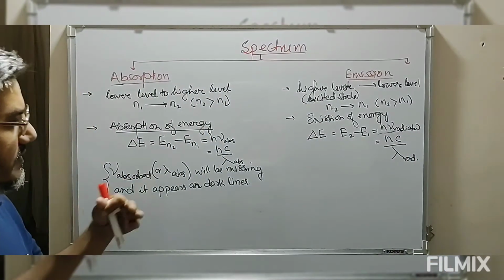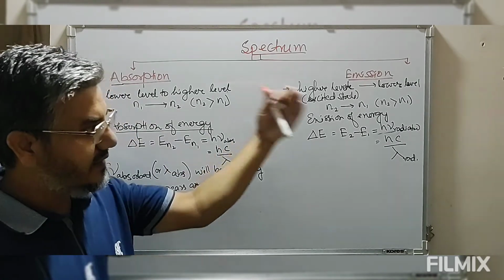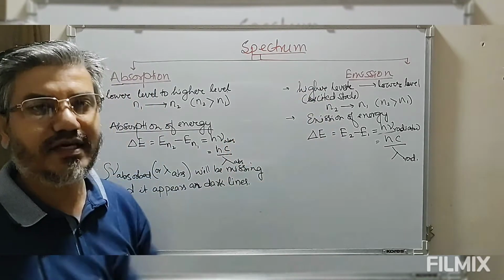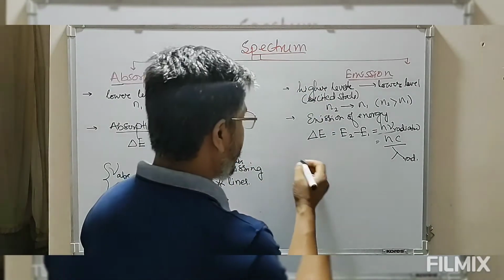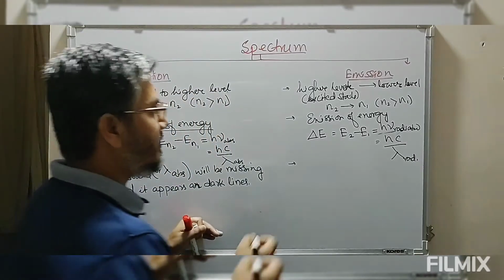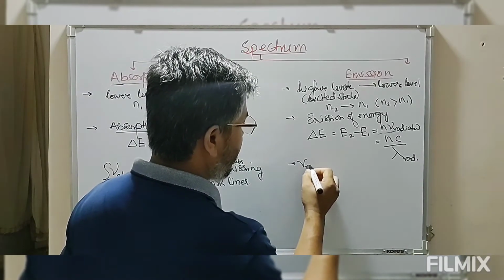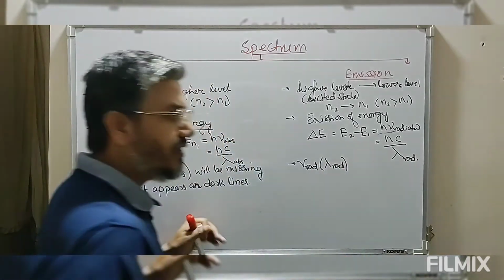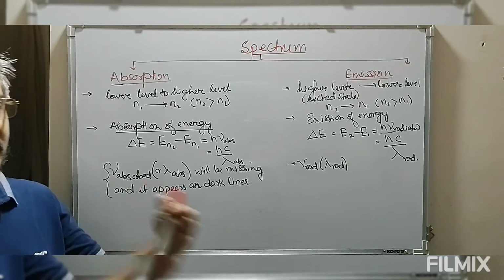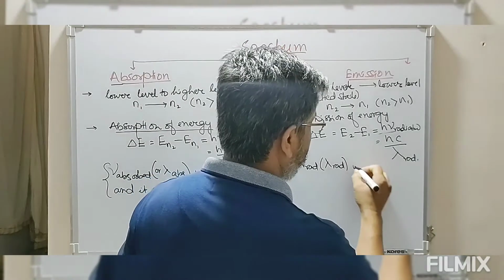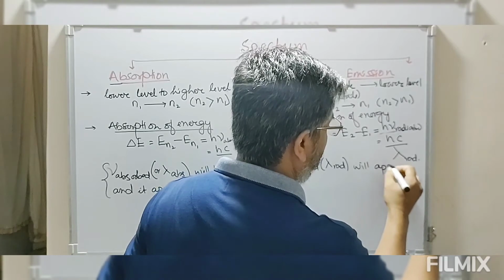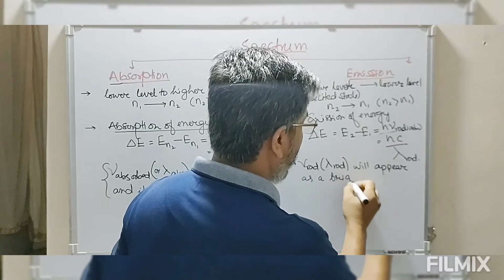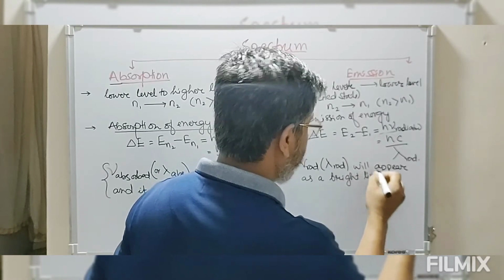So in the second case, the frequency is radiated, meaning some energy is being released, or the frequency or the wavelength is released. When we observe the spectrum, the radiated frequency or radiated wavelength will appear as a bright line.